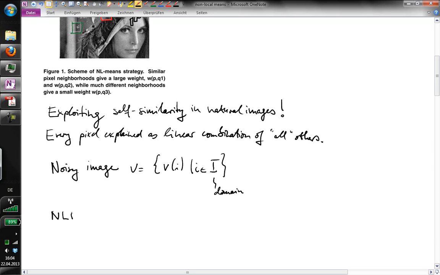And the non-local means estimator based on a noisy image V at location i is the weighted sum of all pixels, where this weight will be derived from patches.